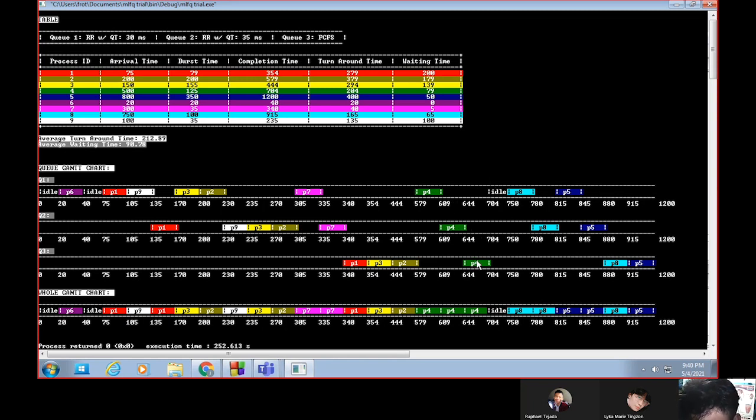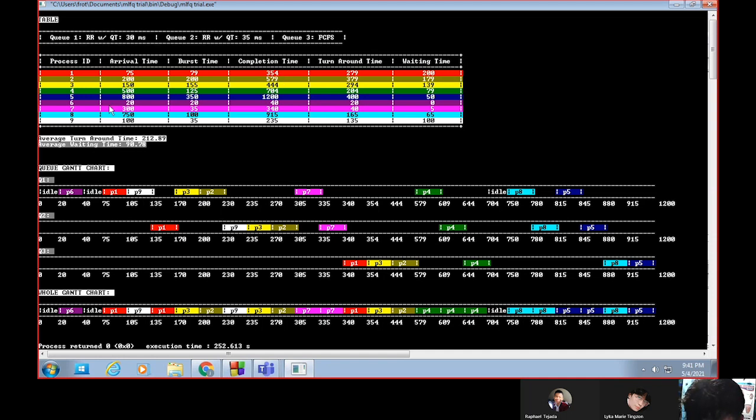At time 654, there's no process in Q1 or Q2, so Q3 is checked and P4 is there, so it is the one that will be done. The completion time of P4 is 704. It is the same for the other processes. The completion time is computed when the remaining time of the process is 0.